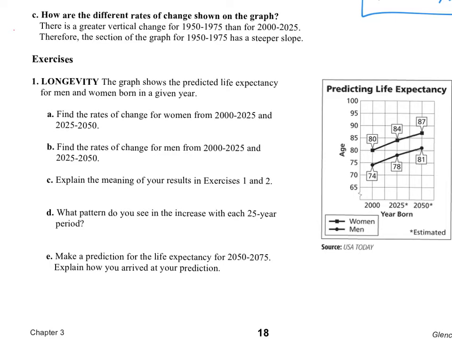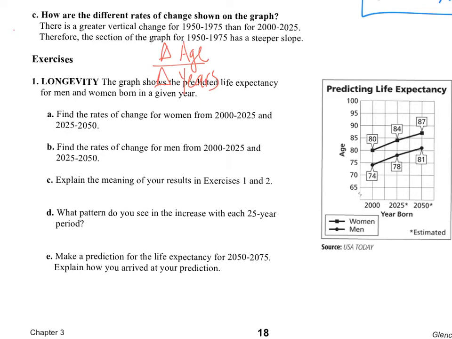So, again, think change in y over change in x. Change in y means how is the age changing? You can think of the change in age over the change in years, if that helps you.